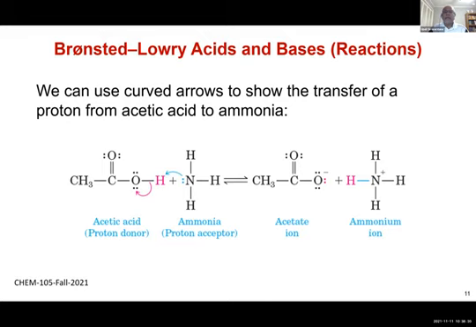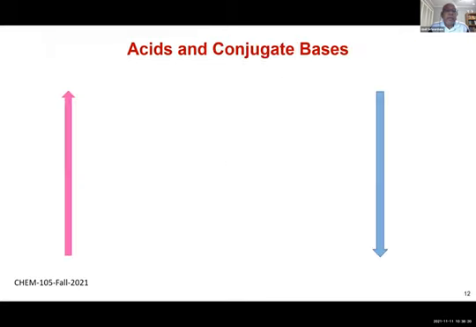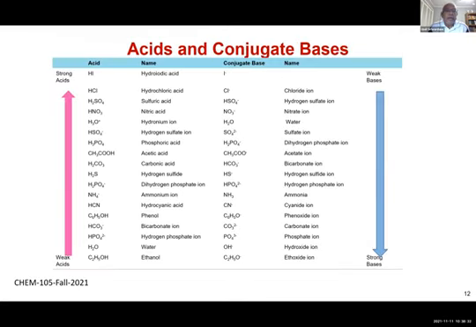Now there's an important idea about acids and conjugate bases. If you look at this table, the acid strengths of different acids are given. If you look at HCl, remember the 6 strong acids, 1, 2, 3, 4, 5, 6, up to sulfuric acid.